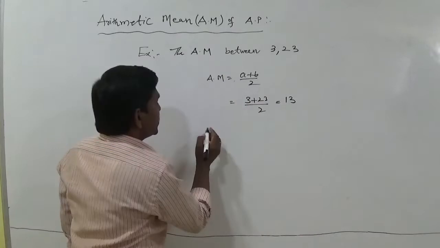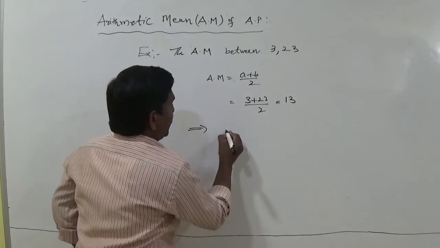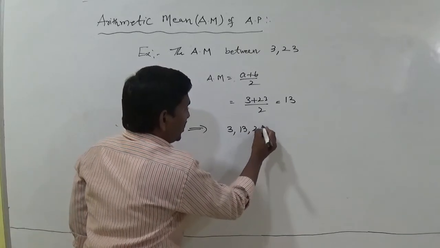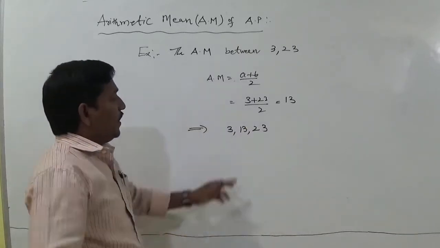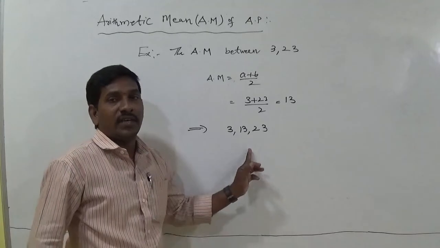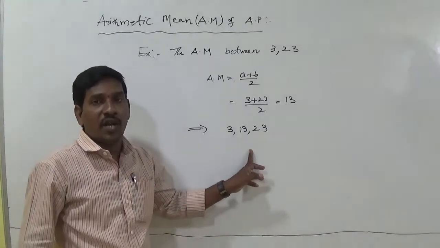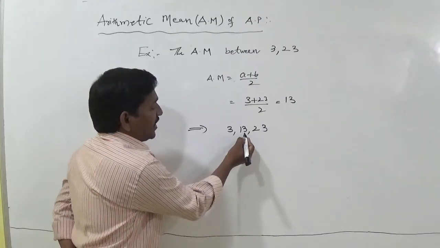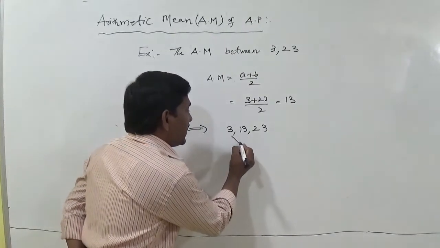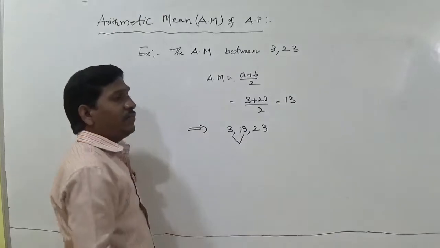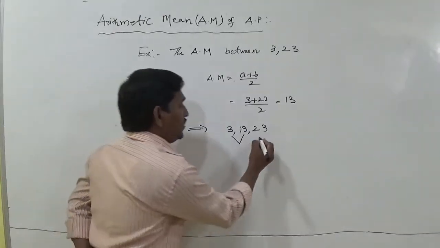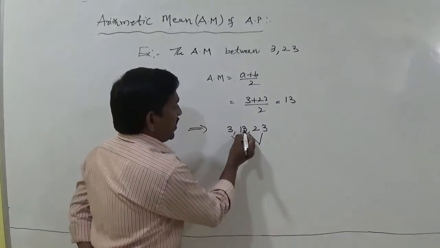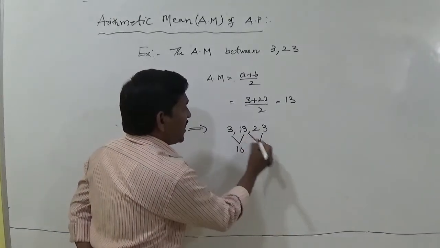Okay, now insert it between 3 and 23: 3, 13, 23. Let us examine whether it is an AP or not. Calculate d, the difference between the preceding term and the succeeding term. What is the difference? 10. And the next difference? 10.